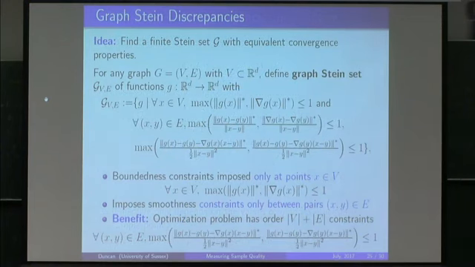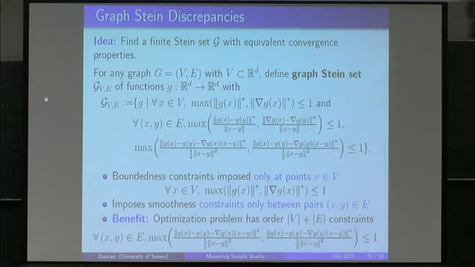One idea is that instead we come up with another Stein set G, which has equivalent convergence properties. What one does is define a graph of vertices and edges on R^d, and we define the graph Stein set to be the functions g where we have the same constraints, but those are only imposed on the points x1 to xn.